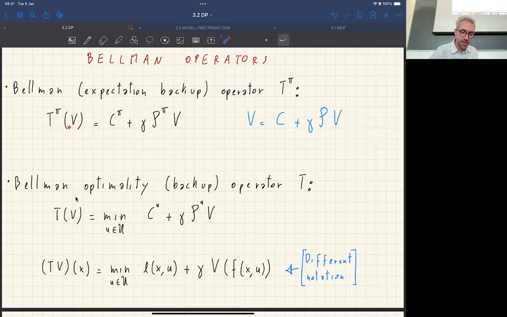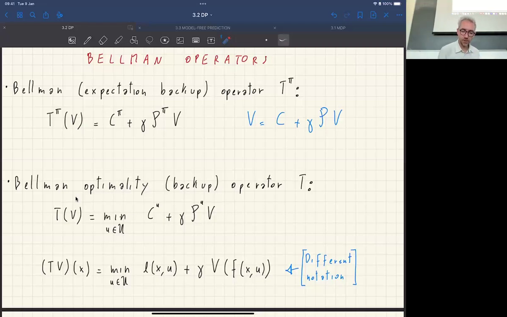So here V can actually be anything. You can think of it as a vector, because the value function for a Markov decision process is basically a vector, where you have one value for each state. Since the states are finite in number, if you have, say, 1,000 states, then V is a 1,000-dimensional vector, where each item of V gives you the value of a given state.